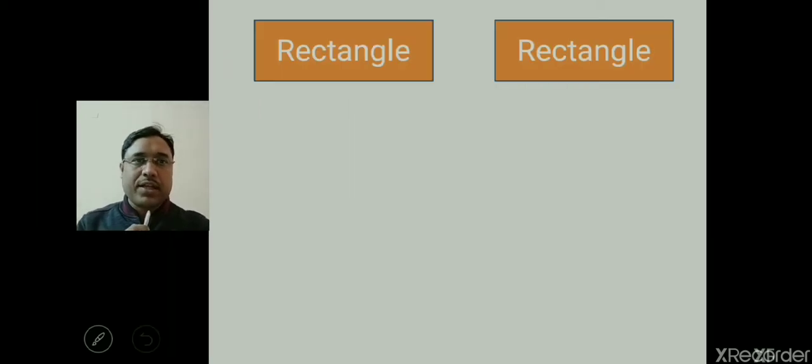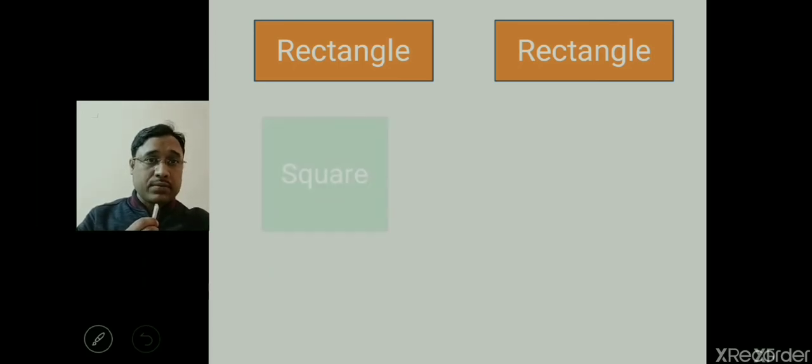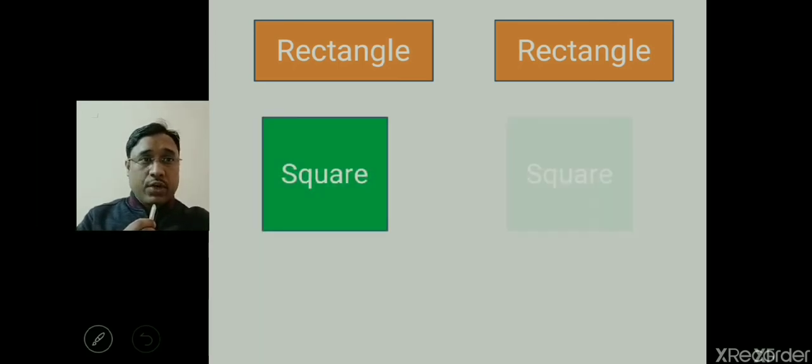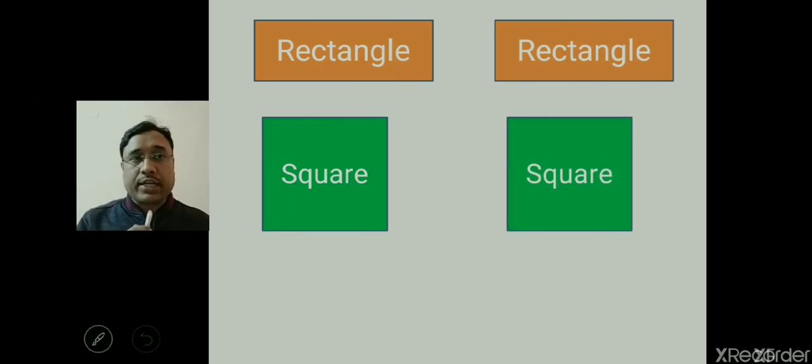Example, now this rectangle you can see, two rectangles are congruent when their corresponding lengths and corresponding breadths are equal. Similarly the square you can see, two squares are congruent when the side measurements of both squares are equal.